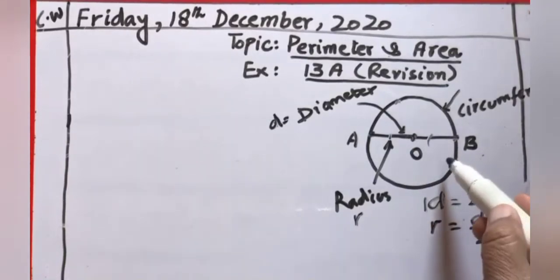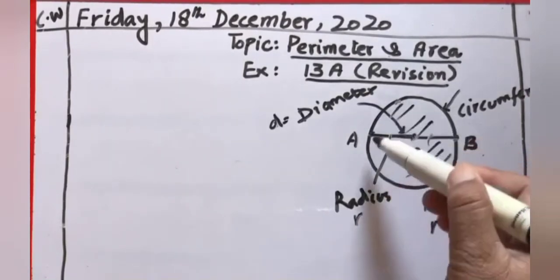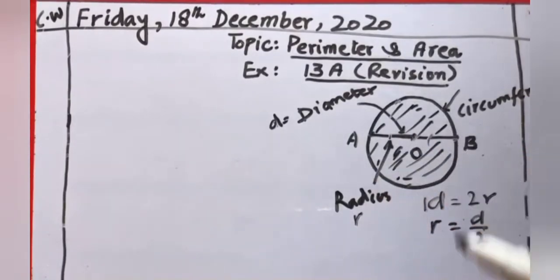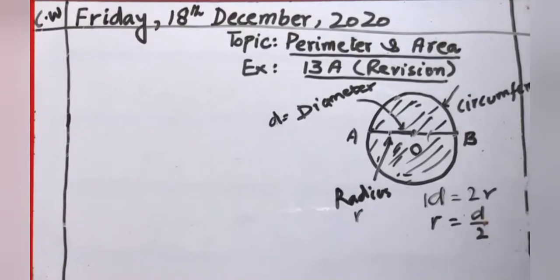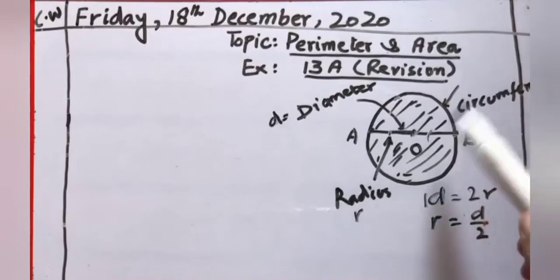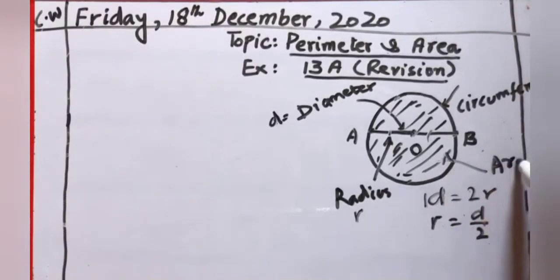So inside the boundary, this region is called the area of a circle. So in exercise 13a, we are going to find the diameter, radius, circumference and area of the circle.